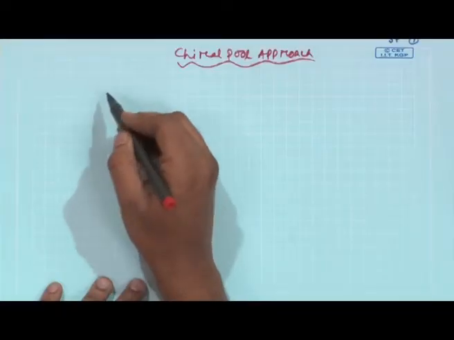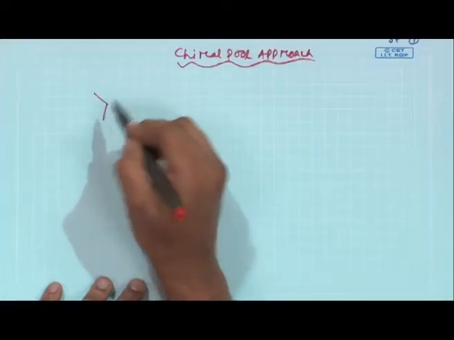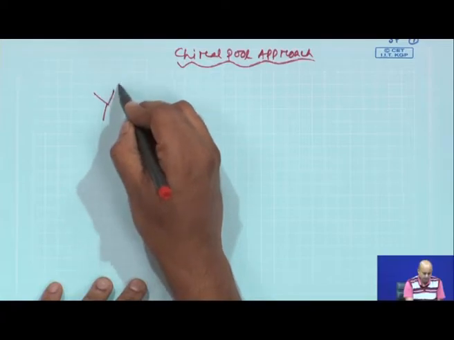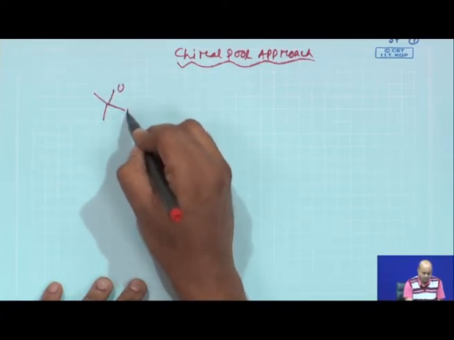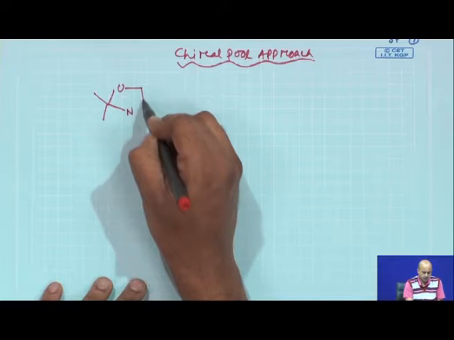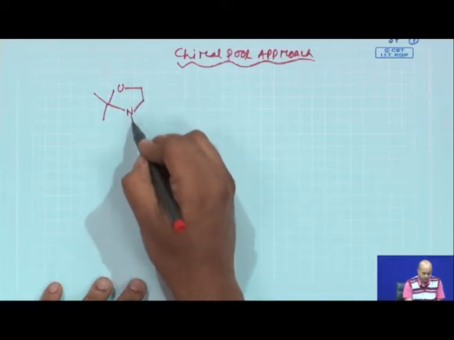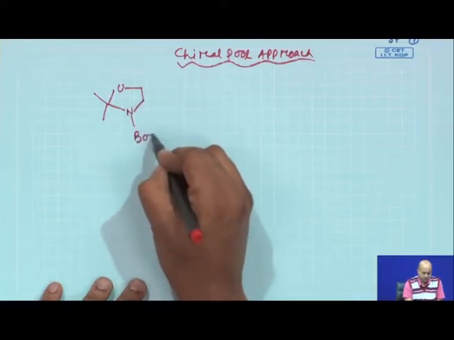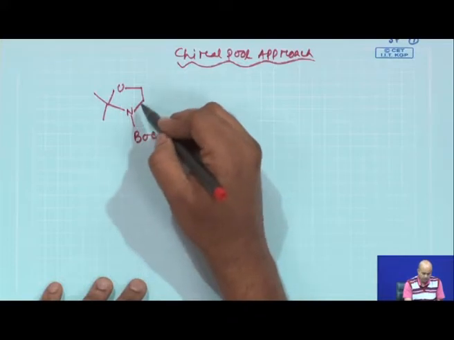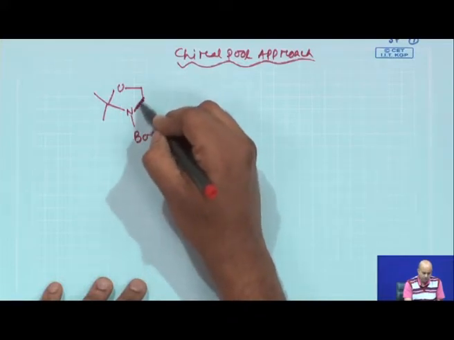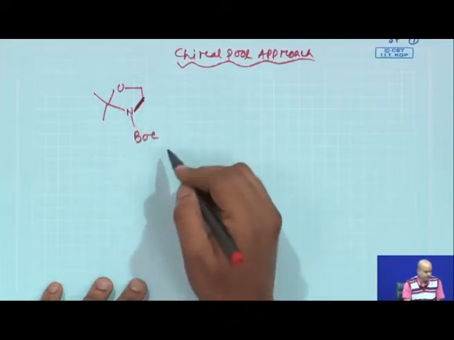Now, this particular problem which I am going to pick up basically involves a kind of divergency, but the divergence is generated from the starting material, not from a reagent-based divergency.